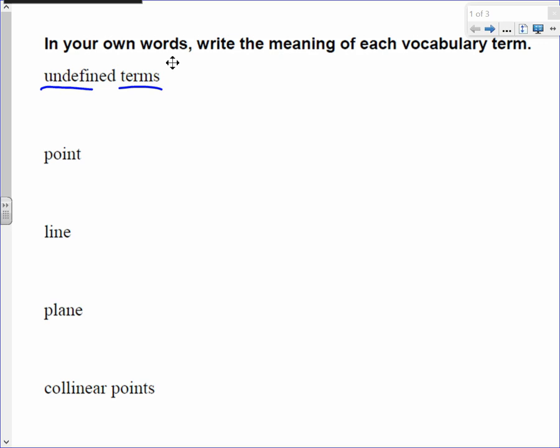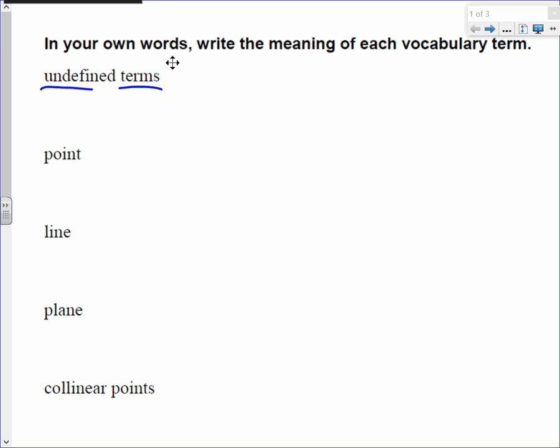It's kind of like the starting point. If we're going to create a body of knowledge and start defining things, we have to have a starting point of words that define everything else.